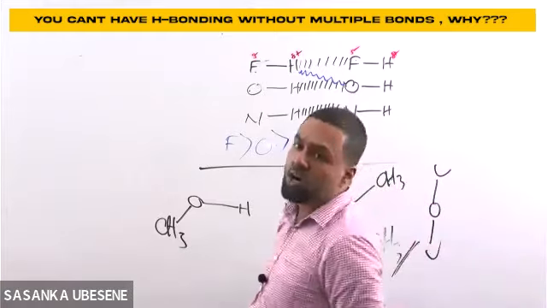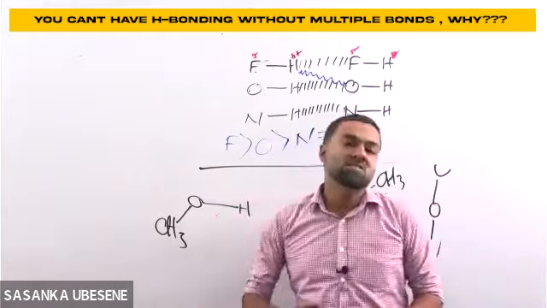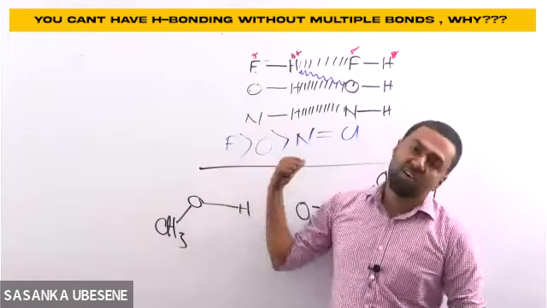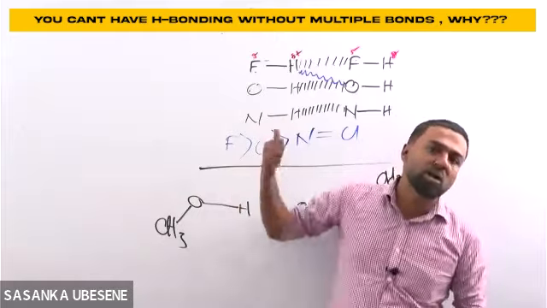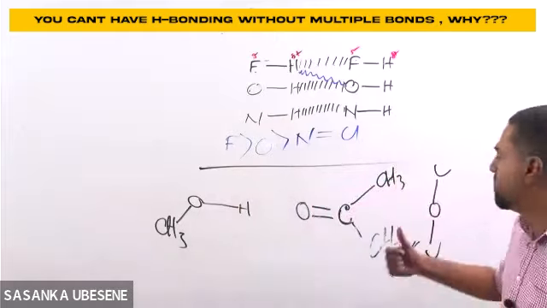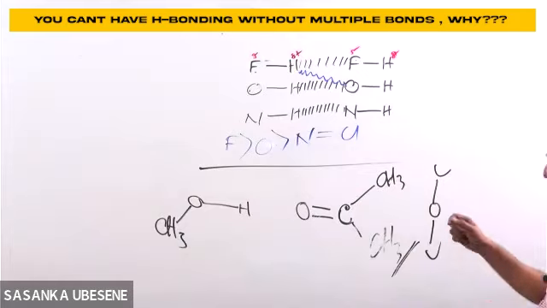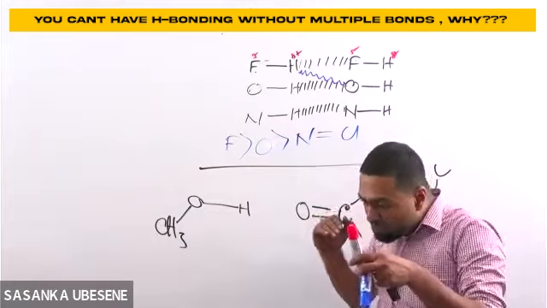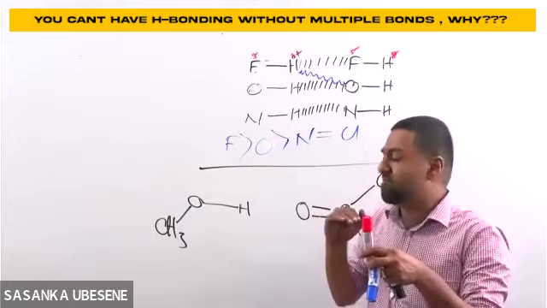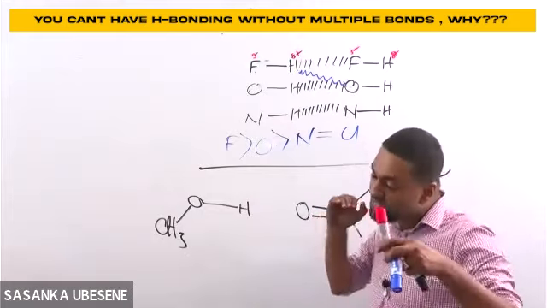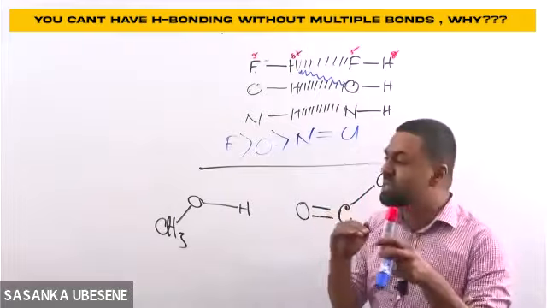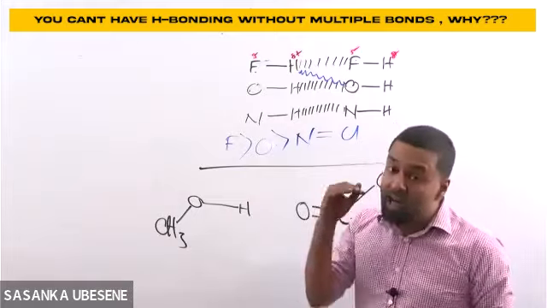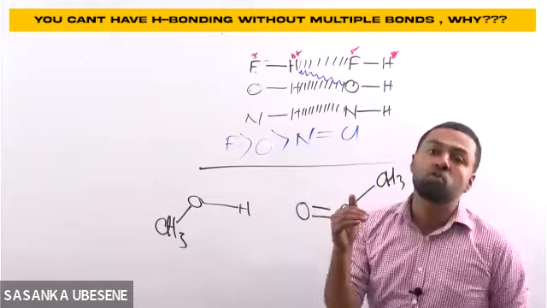If there is a single bond, definitely it's a sigma bond. So if the electron cloud is on the line joining axis of two nuclei, then it is hard to polarize.